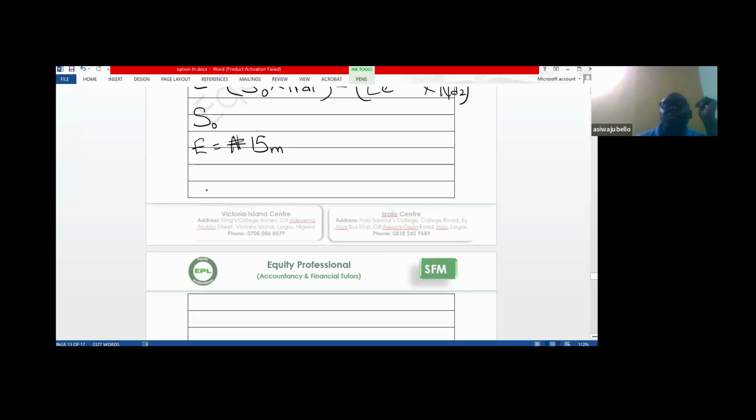Present value after expansion. I want to calculate XO. Look at the working.